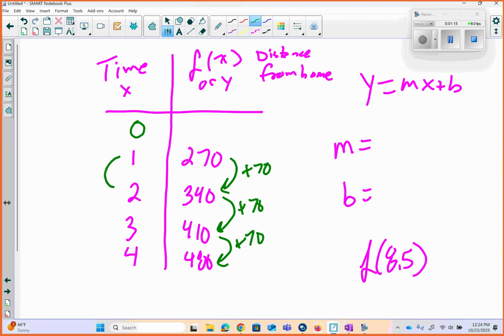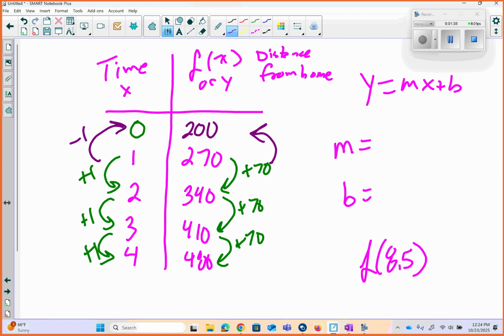And each one of these we're adding 1. Okay. So if we went backwards to here, we just subtracted 1. If I went backwards to here, what do I get to? 200. Do I have the y-intercept now? Yeah. I do. So B is the y-intercept. That's going to be 200.